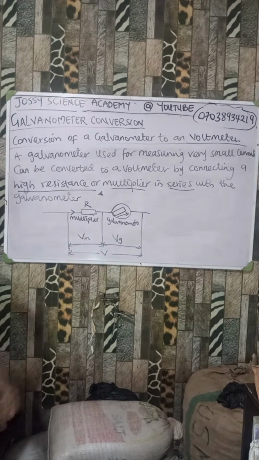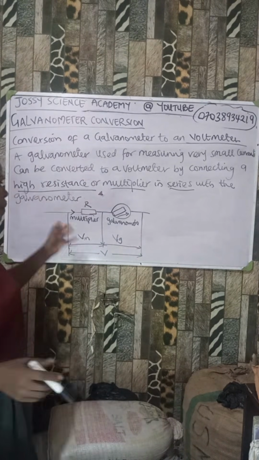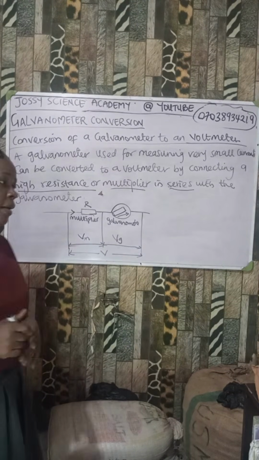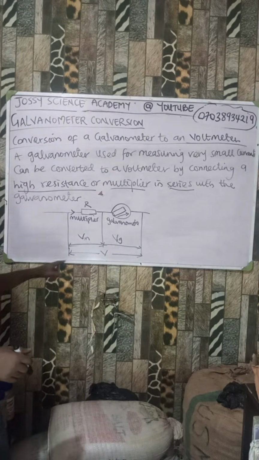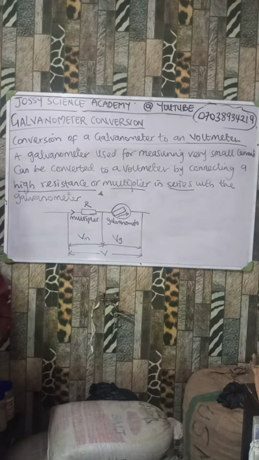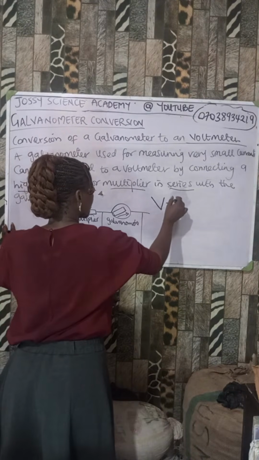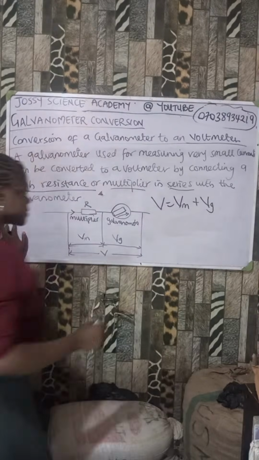Now, for us to calculate the total PD across this circuit, they are connected in series, unlike the previous one that was in parallel. So for us to get the total PD, it equals what? The PD across the multiplier plus the PD across the galvanometer.